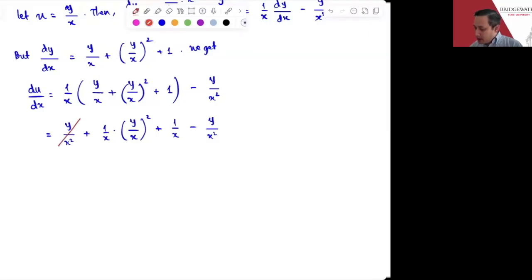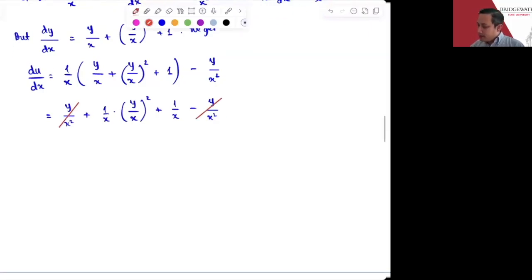So you simplify y over x squared with negative y over x squared, and at the same time, you substitute y over x as u. So du dx equals 1 over x times u squared plus 1 over x. Or you take 1 over x as a common factor, and you are left with u squared plus 1.